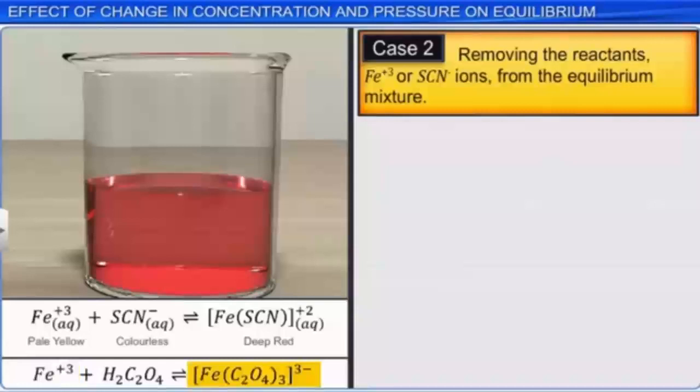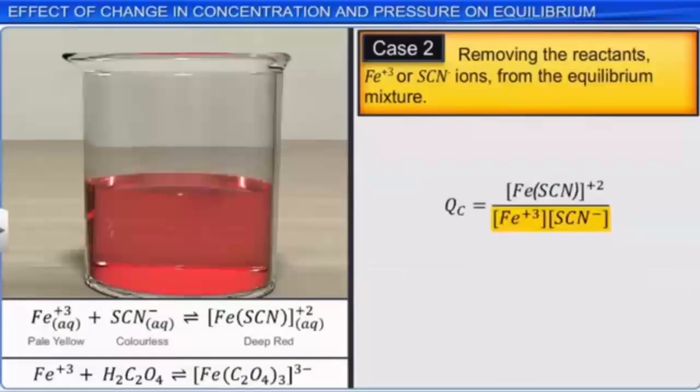Due to this, there is a decrease in the concentration of free Fe³⁺ ions in the solution. This results in a decrease in the denominator value in the expression for reaction quotient. Thus, the value of Qc becomes greater than Kc. When Qc is greater than Kc, the reaction proceeds in the backward direction.